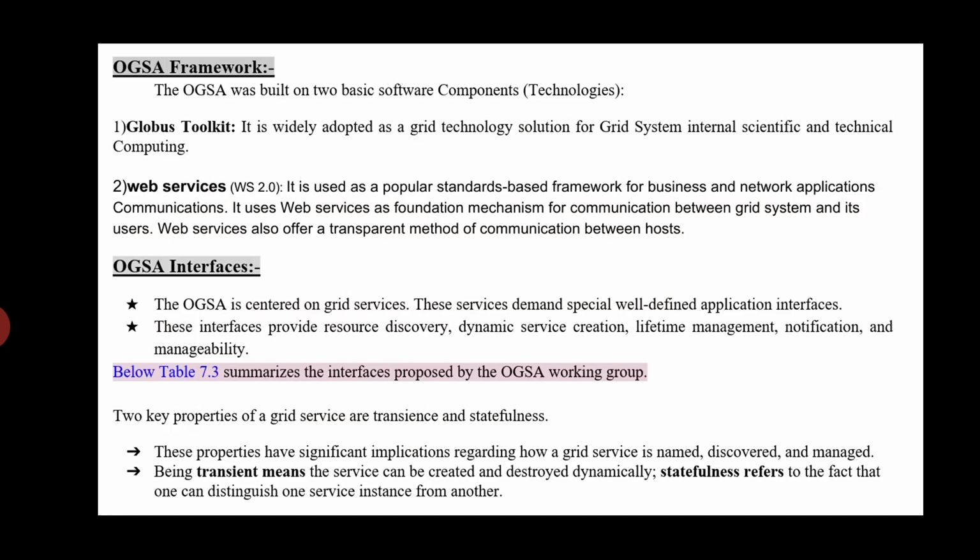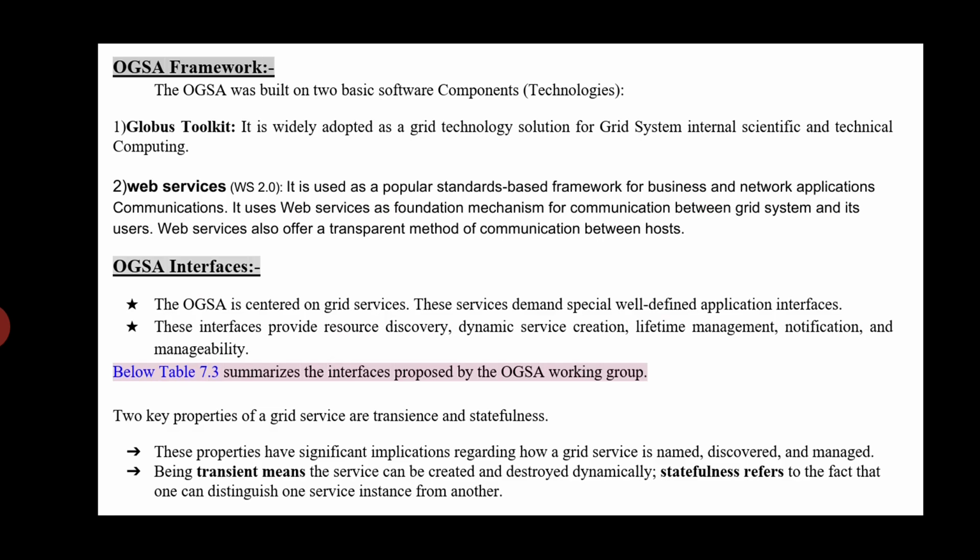Coming to the Open Grid Service Architecture framework, what exactly is it? Listen carefully. The Open Grid Service Architecture was built on two basic software component technologies.